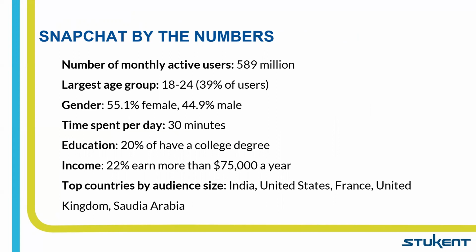The one thing I will say is that when you look at income levels, it says 22% earn more than $75,000 a year. That number has probably gone up a little bit. But if you compare that to other social networks, you're going to find that that's probably the lowest percentage of users that make that kind of money among other social networks.